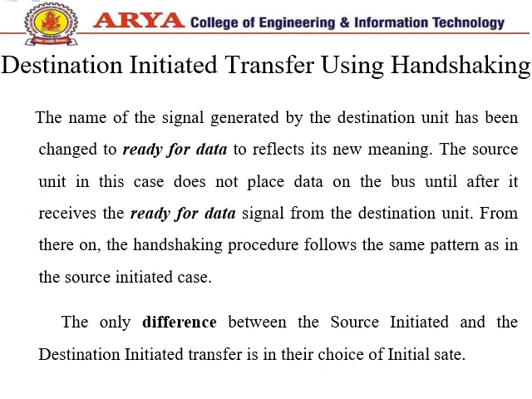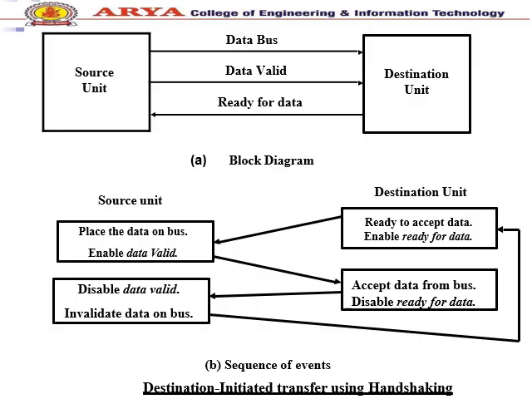From there on, the handshaking procedure follows the same pattern as in the source initiated case. The only difference between the source initiated and the destination initiated transfer is in their choice of initial state. This is the diagram.